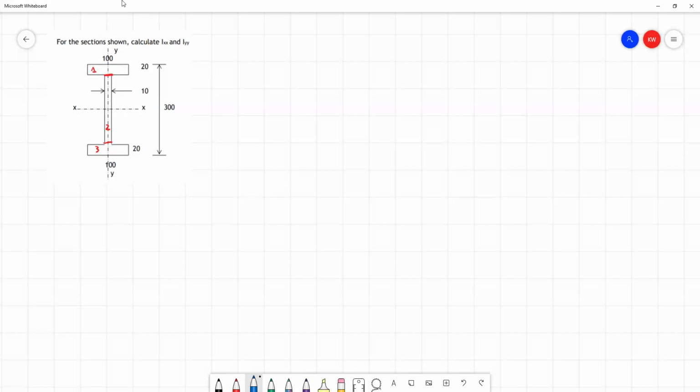We're going to work out the second moment of area for them with reference to where they lie with regards to the centroid. What the parallel axis principle tells us is that for every individual part, when we're dealing with rectangles, the contribution to the second moment of area of each section is going to be given by Ixx is equal to bd cubed over 12. That's our standard formula for the second moment of area about the x-axis for a rectangle.